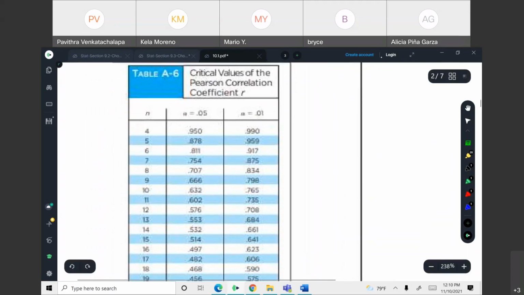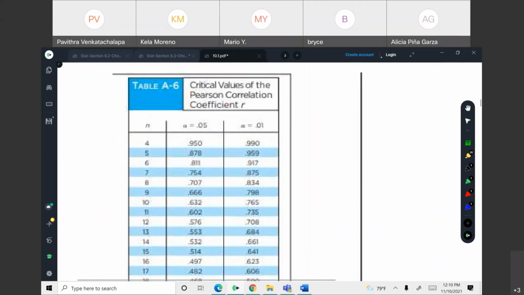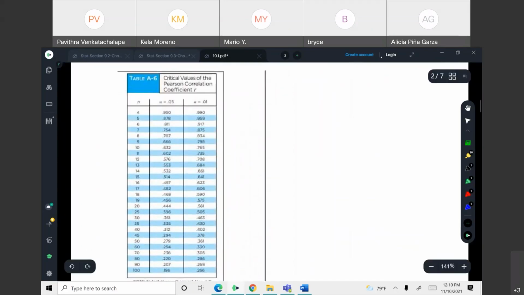This is table A6 that will give you the critical value R. From this table you will find the critical value when it comes to chapter 10. So all you have to do is log into your Blackboard, PB9, and under test you have formulas and tables.